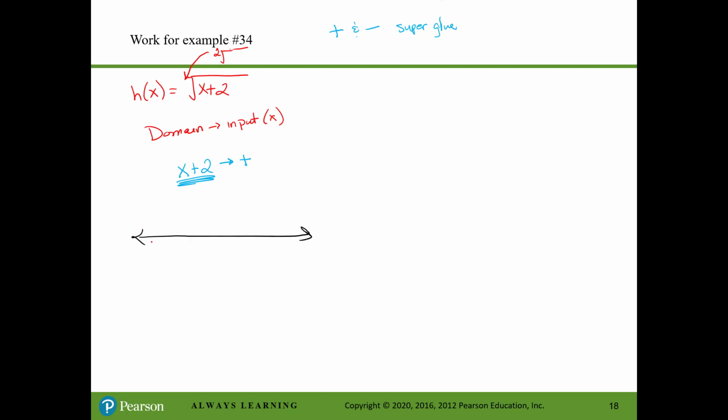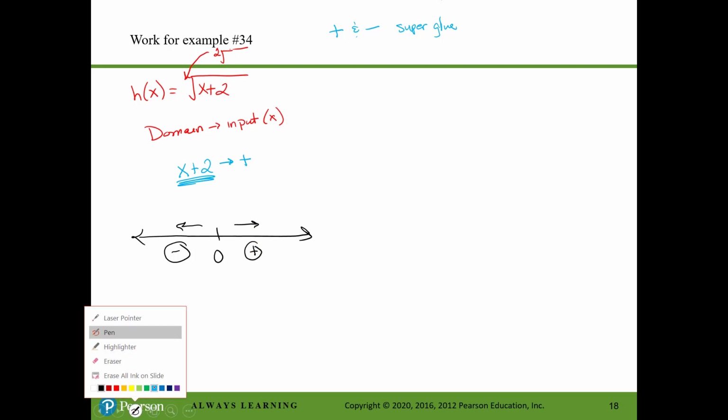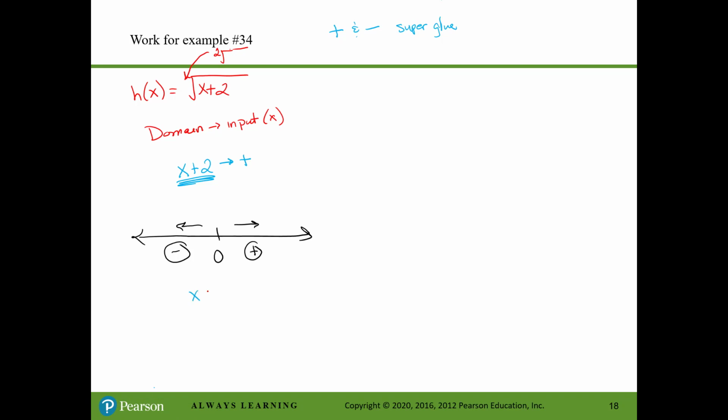Look at your number line. We were taught put the 0. Okay, all the numbers to the left of 0 are what? Yeah, these guys are negative. All the numbers to the right of 0 are? That's right, positive. Which means if I need x plus 2 to remain positive, I need x plus 2 to be greater than 0. Couldn't it be equal to 0?